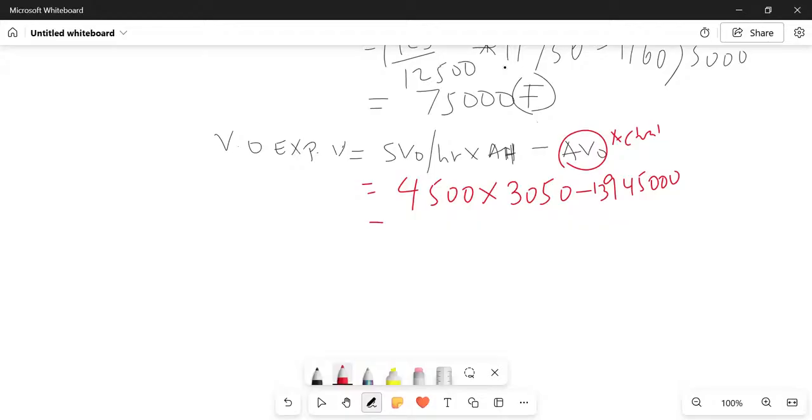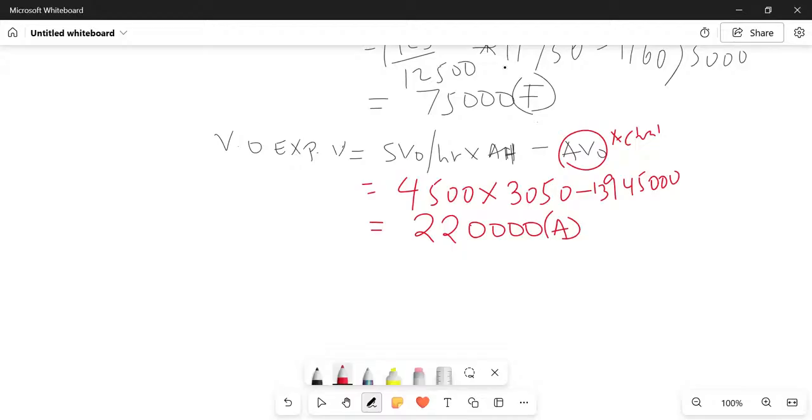So then give me this variable overhead expenditure variance. According to my brother here, we are getting 220,000. Is that okay? Adverse, right? So then that you did and you got it. I'll give you another 2 minutes.